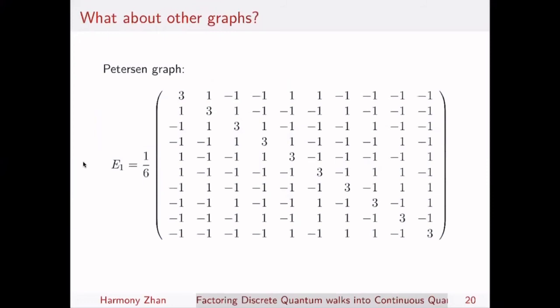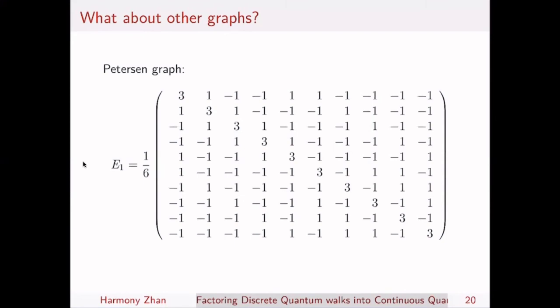Okay, so what about other graphs? The complete graph is a special case because we only need to look at one subspace. In general, a graph will have a lot of eigenspaces, and that means I shouldn't expect an unweighted digraph. But could it be possible that every eigenspace contributes one weight? That is not true.